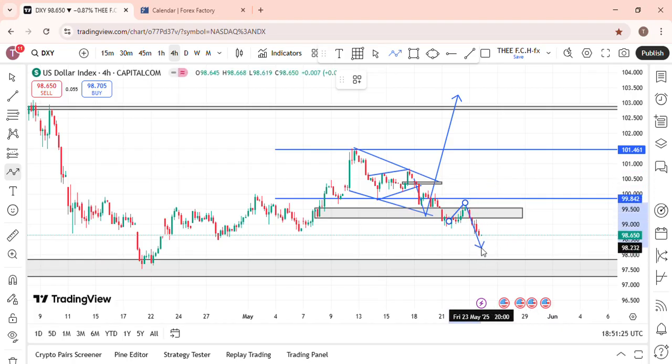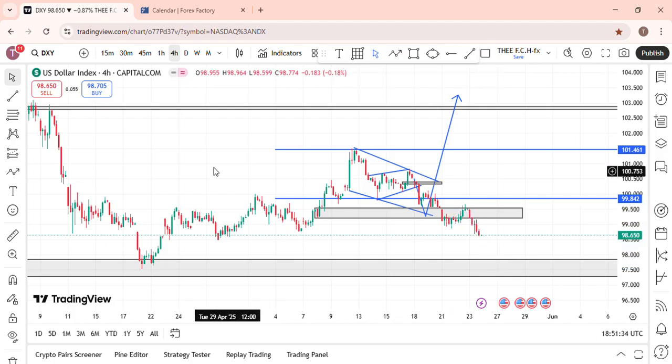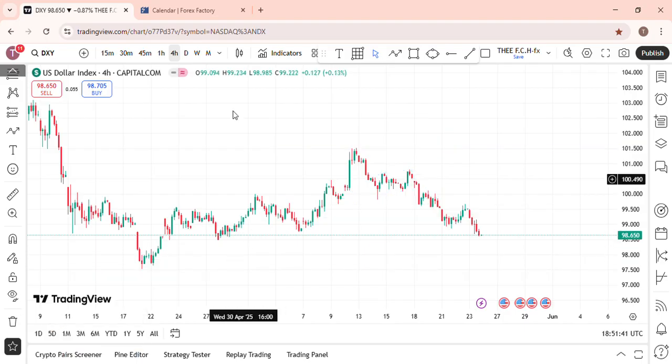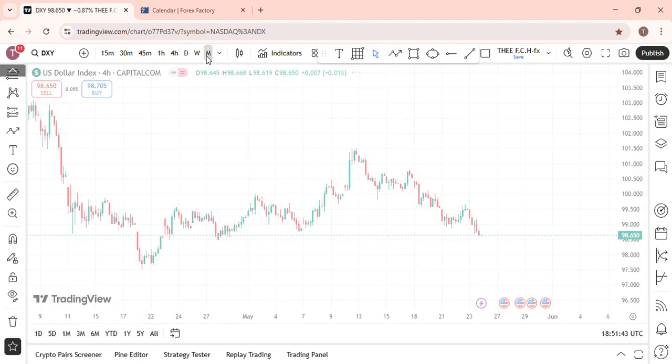Since now the market is dropping, the high probability is that we will expect the market to drop now to this level or even below, but we are going to do fresh analysis and see what the market has for us. So now let's start with the monthly time frame.